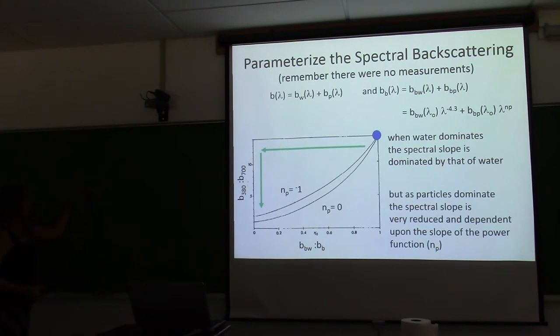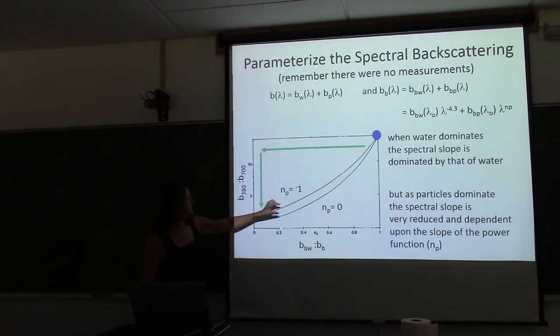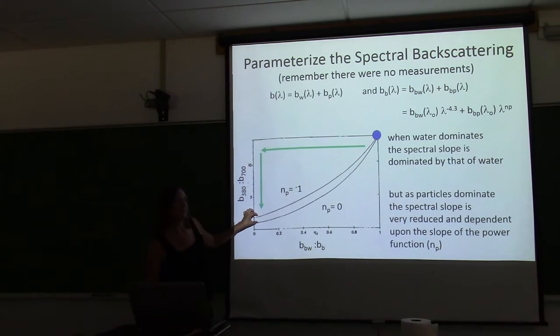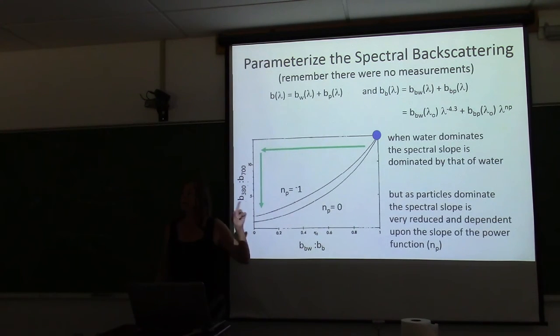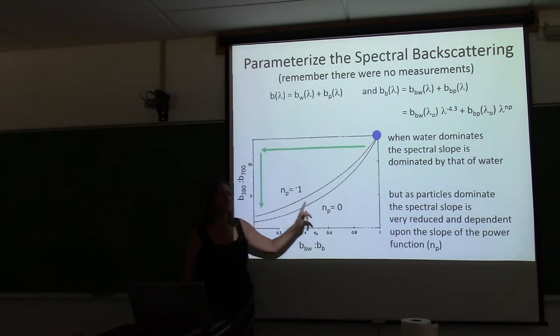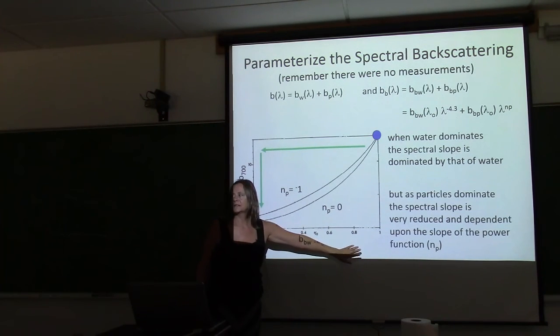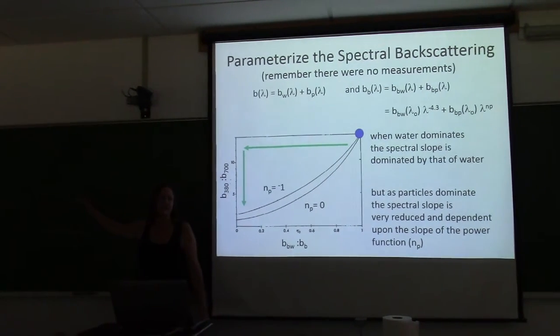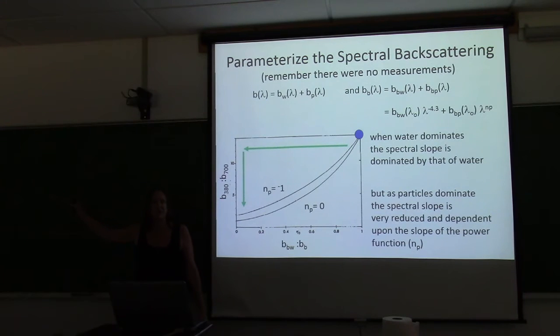The difference between this only causes a variation in the spectral slope of scattering by this much, maximally, here. So it makes a bigger difference to understand how much of your total backscattering is due to particles versus knowing whether it's a lambda to the minus 1 or a lambda to the 0 power in your scattering spectrum.